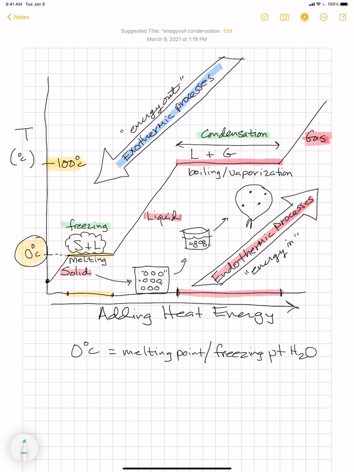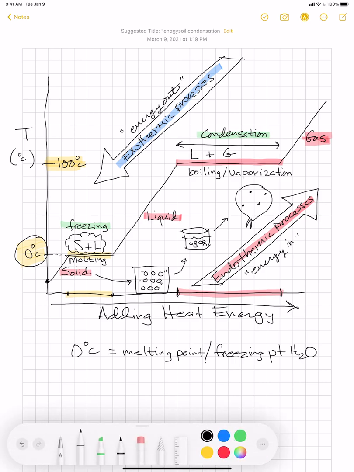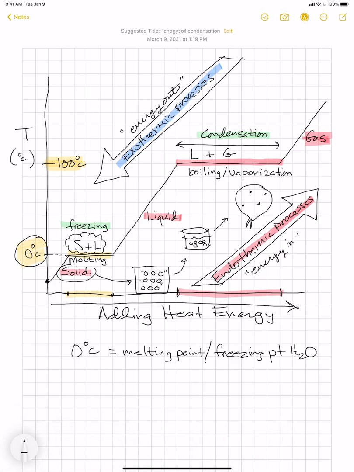I just remembered there's two more things I need to add. There are some oddball changes of state. For example, you can have some substances that can skip being a liquid and can go from being a solid directly to becoming a gas. And we call that, I know you're raising your hands, we call that sublimation, okay?